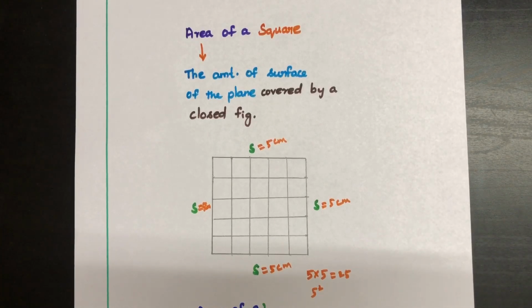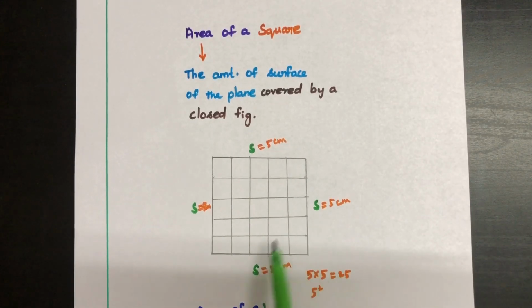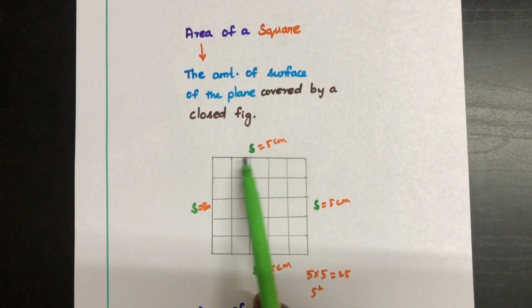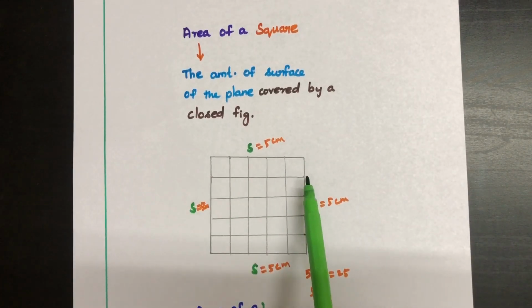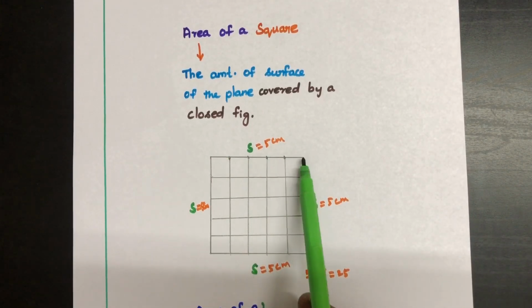That's all. Now, this is a square with side s equal to 5 centimeter each, because square means all four sides are equal. For your understanding, I have divided each side into 5 parts, column wise and row wise: 1, 2, 3, 4, 5.